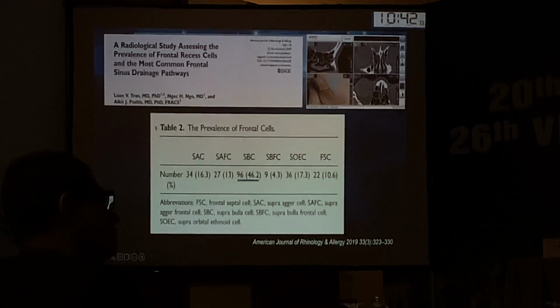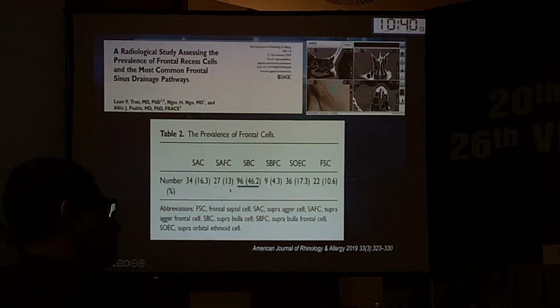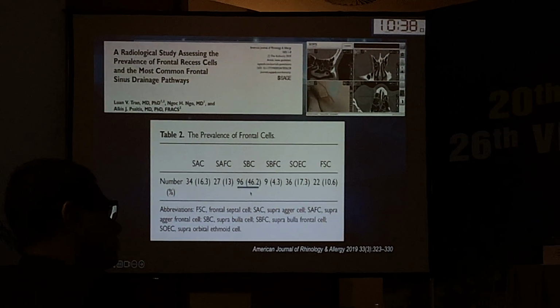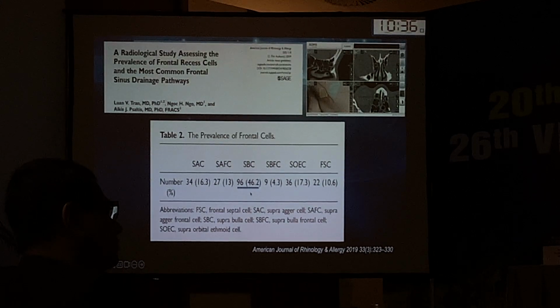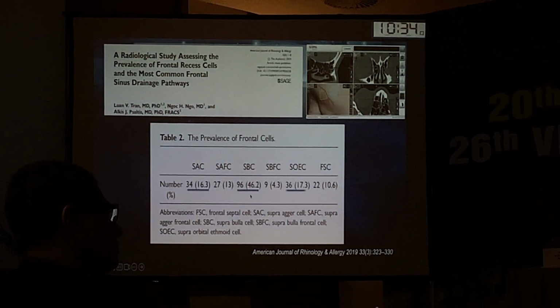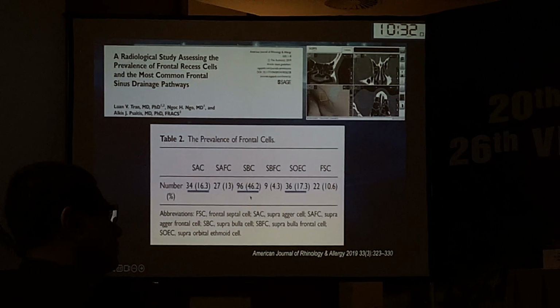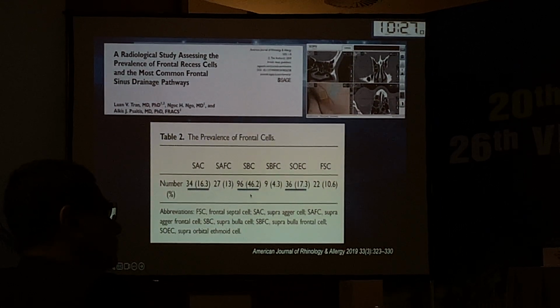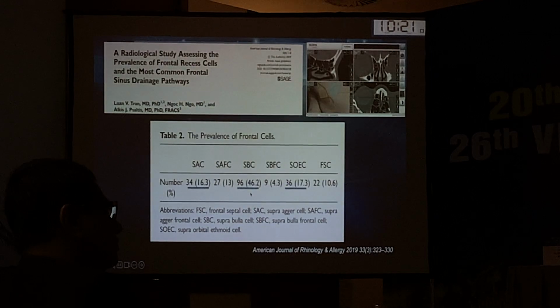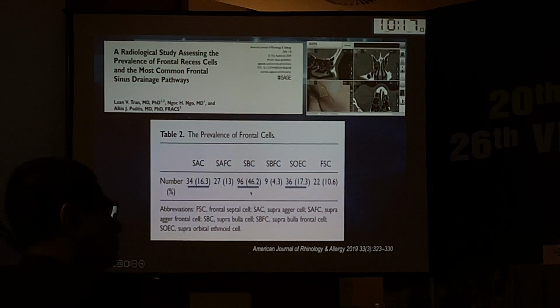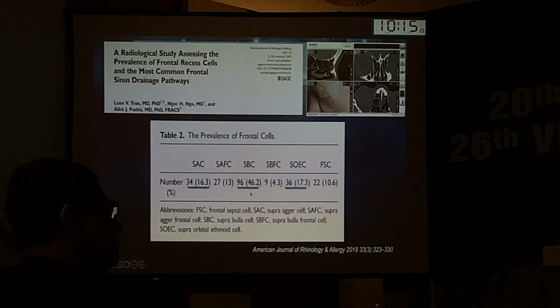In our study, the most common cell is the suprabullar cell, at about 46%, and the second are the supra-agger and supraorbital ethmoid cells, at about 16 to 17%. It's similar to other studies among Asian populations. In Caucasian people, the supraorbital ethmoid cell is the most common compared to the suprabullar cell.